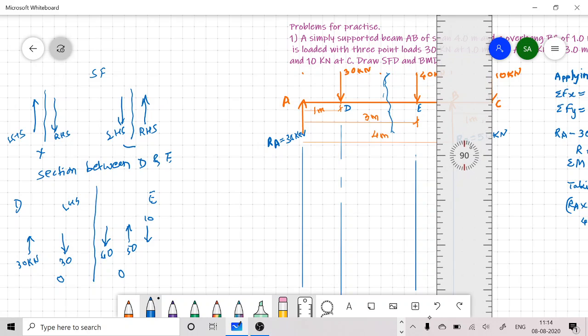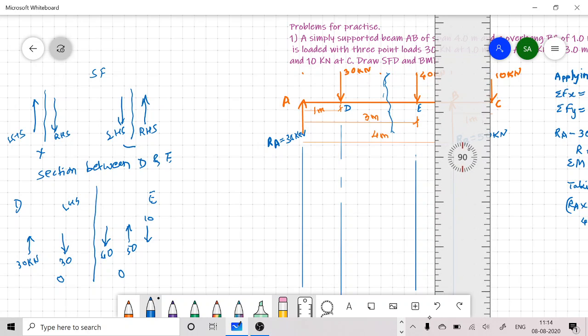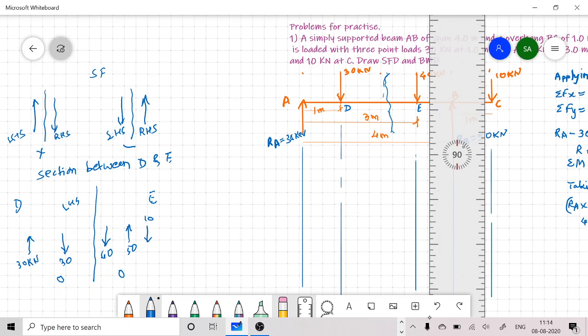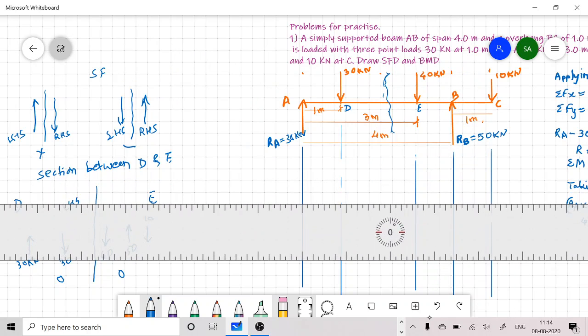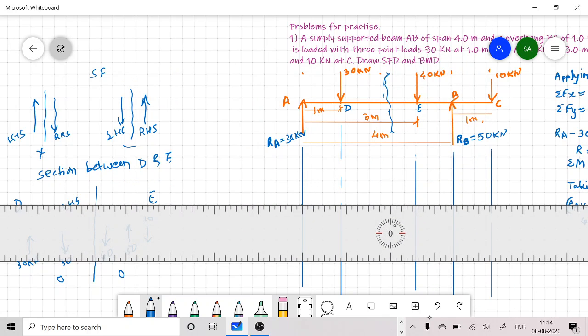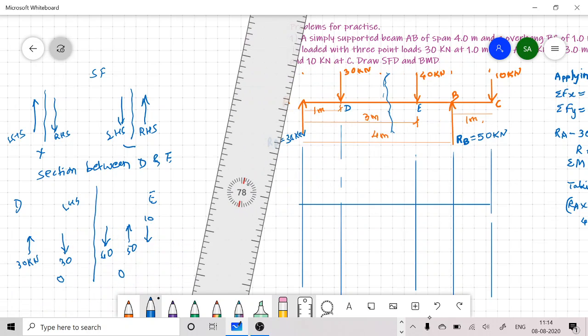Draw the faint lines, not so dark. Draw the baseline. At A, there is an upward force of 30 kilonewton.